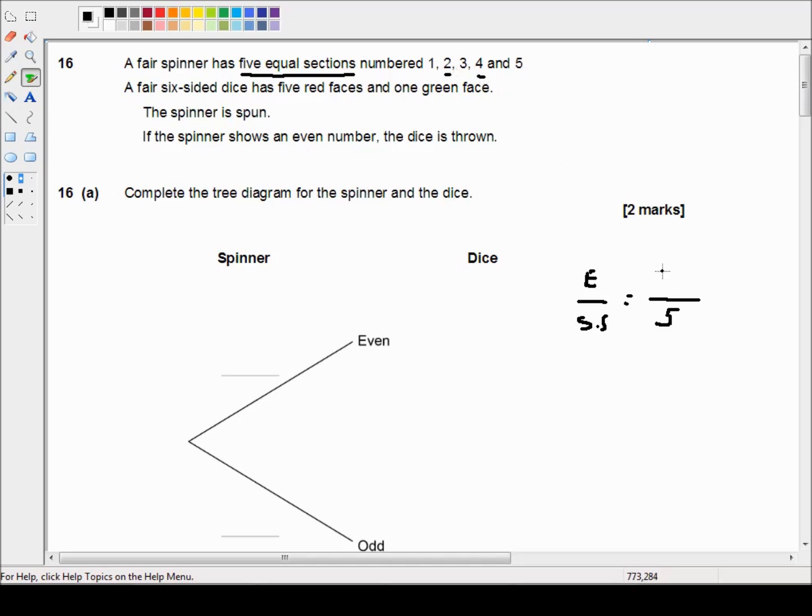So the probability of it being even is 2 over 5. And the probability of it being odd, we've got 1, 3 and 5 are all odd numbers, so that probability is 3 over 5.